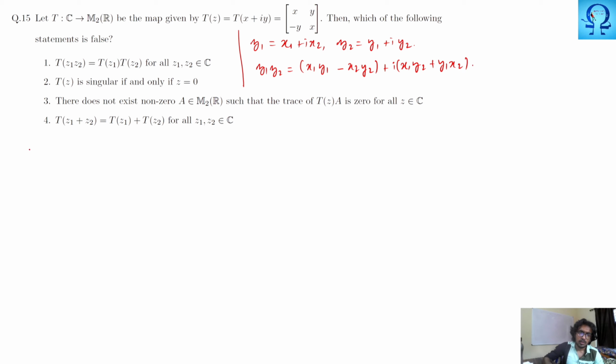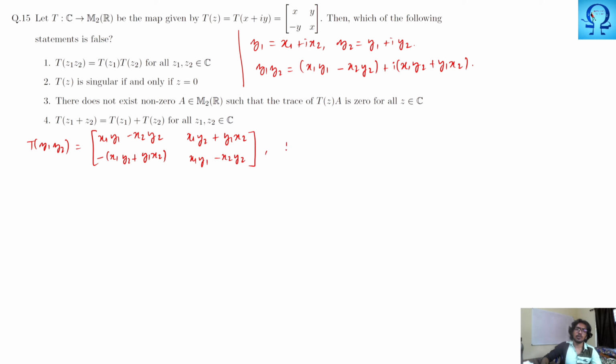So find t of z1 z2. By definition, I would have x1 y1 minus x2 y2 and x1 y2 plus y1 x2.